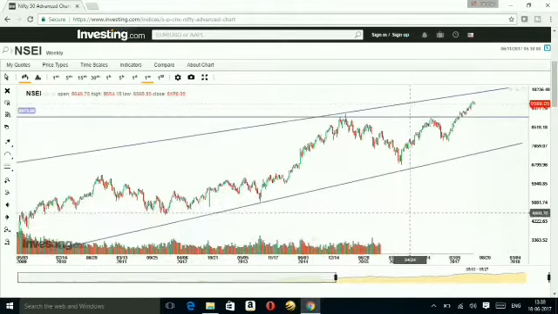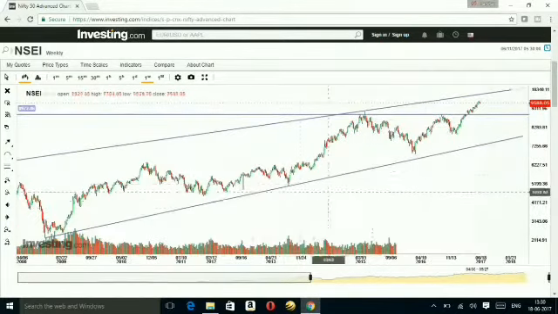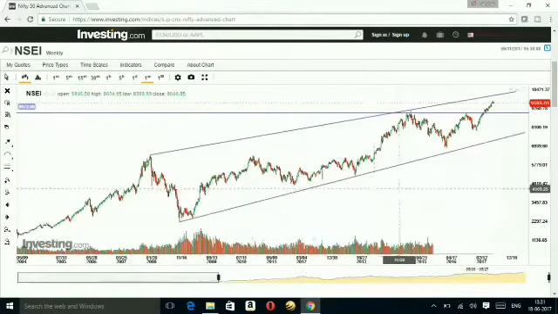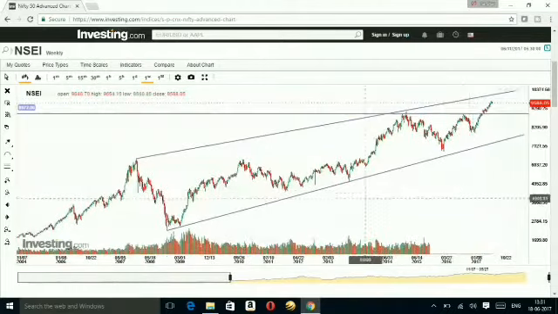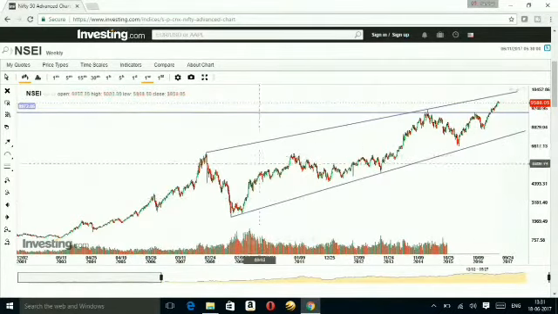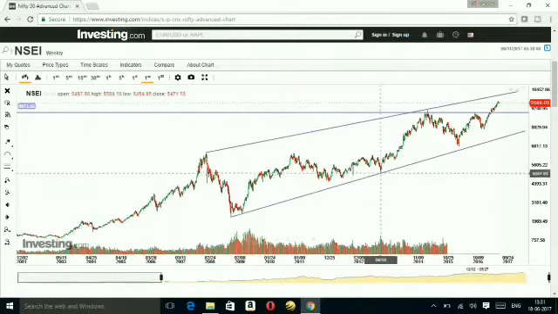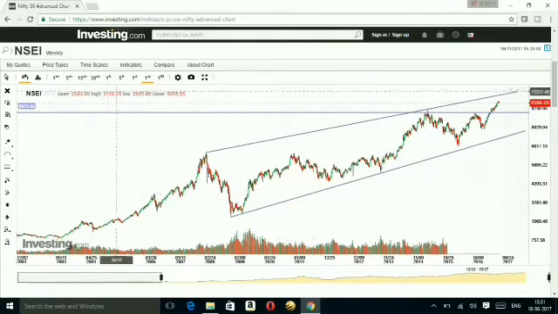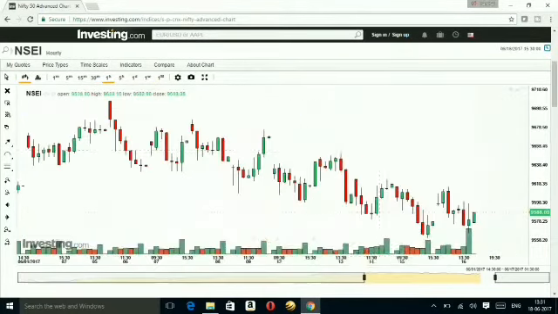Also, it forms a kind of symmetrical triangle breakout. So here also, if you see, okay, let's go to the hourly chart first.